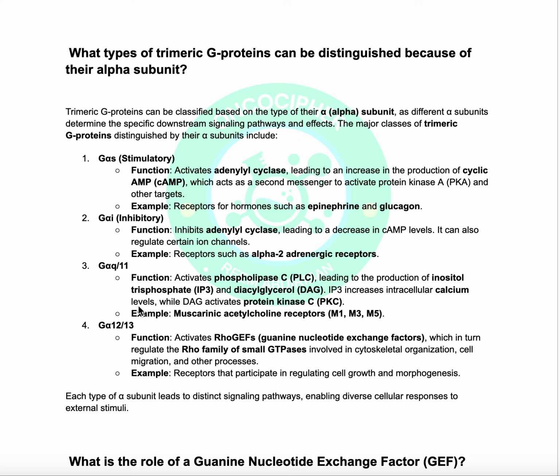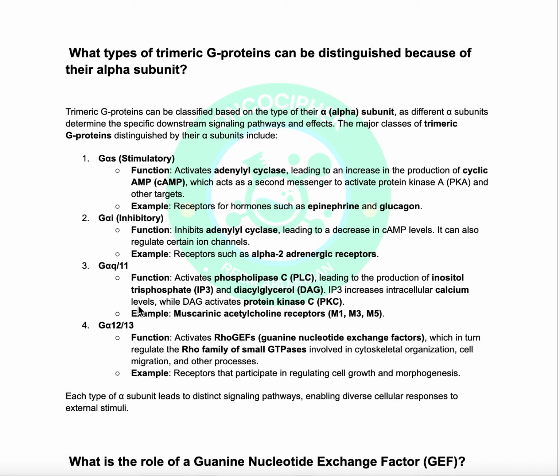And we have also G alpha I, which is inhibitory. It's completely against G alpha stimulatory. It inhibits adenyl cyclase, and that leads to a decrease in cAMP levels, and also regulates certain ion channels, and such receptors, for example, alpha 2 adrenergic receptors.